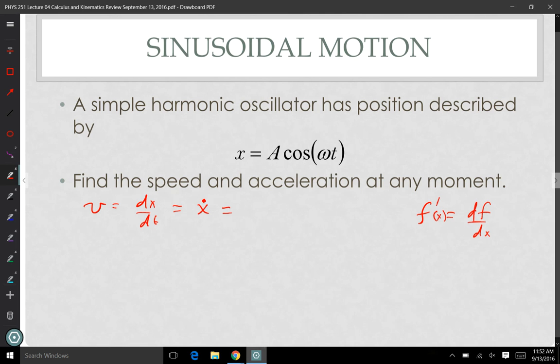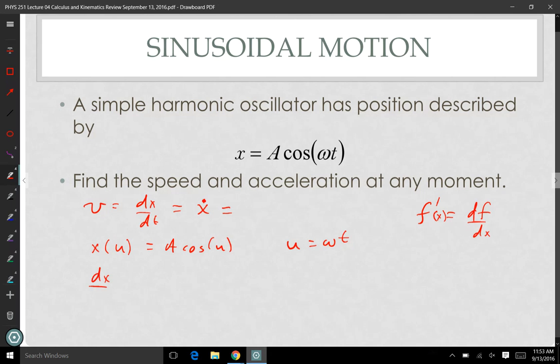Derivative of A cosine omega t. A and omega are constants. How do you find the derivative of cosine? Okay, the derivative of cosine is minus sine times the derivative of the inside. You have to use the chain rule. So just like before, we could say that x of u is equal to A cosine of u, where u is equal to omega t.